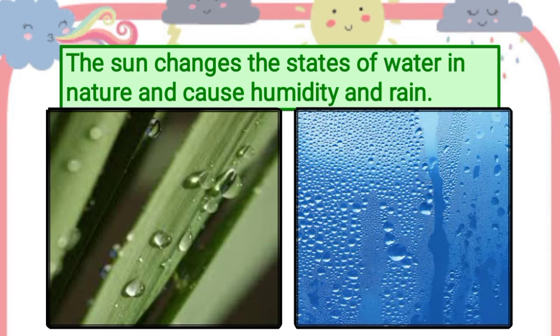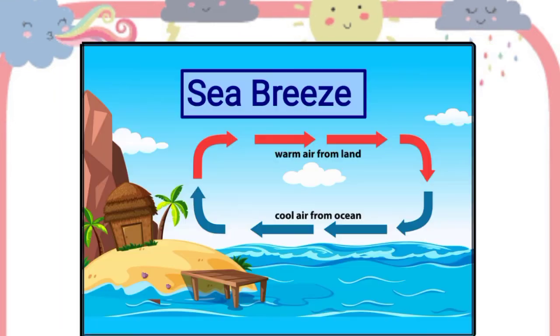In clouds, these tiny droplets of water combine to form bigger droplets, and when the cloud becomes saturated, it rains. But in very cold areas where the air temperature falls below 0 degrees Celsius, water droplets fall as snow.